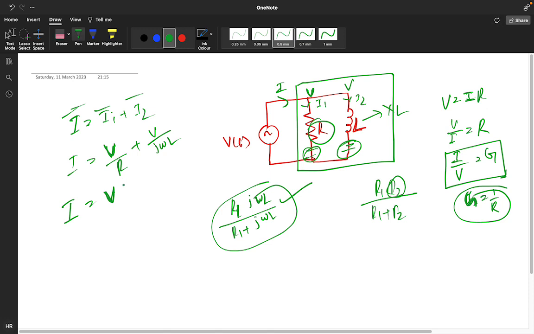So this can be written as V times 1 by R, we are taking V common, and 1 by R means G. Now what is the meaning of 1 divided by omega L? If j goes outside, it becomes minus j. And 1 by omega L is your B. This B is known as susceptance.